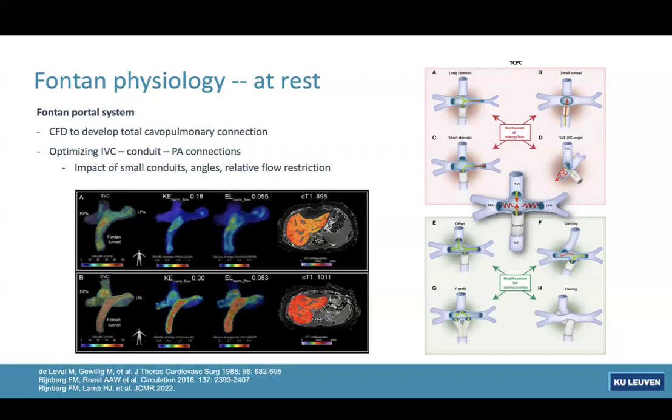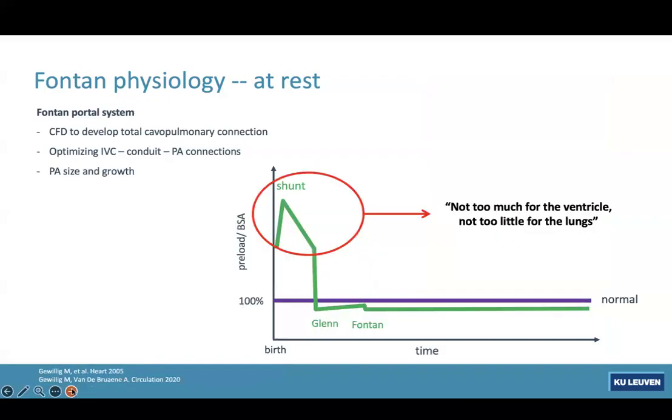So the work that was initiated so long ago at Great Ormond Street, that was the basis for the TCPC, is still continuing, still optimizing those Fontan connections in order to decrease pressure loss at the level of the Fontan portal system, or the Fontan connections, if you will.